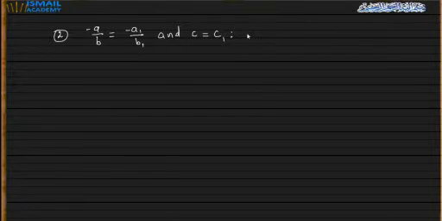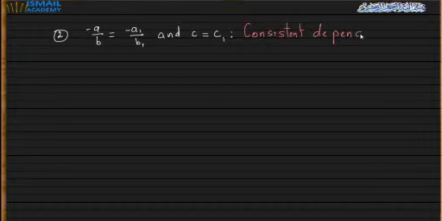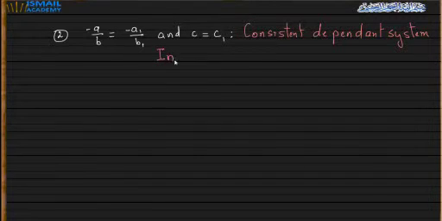So we have a consistent dependent system, which means infinitely many solutions.